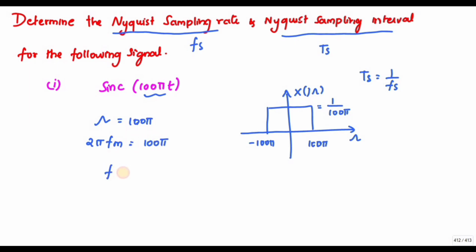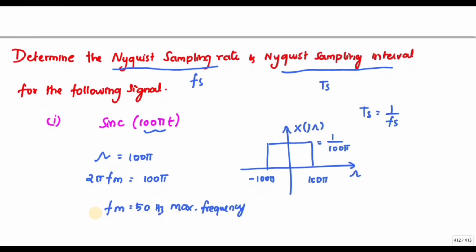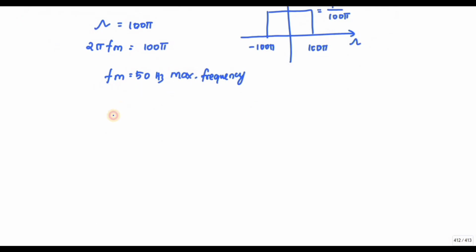So from this I can find the value of fm, where fm represents the maximum frequency, in terms of hertz. Once I find the maximum frequency, I can find the Nyquist sampling rate. The Nyquist sampling rate is such that fs must be greater than or equal to 2 times fm.